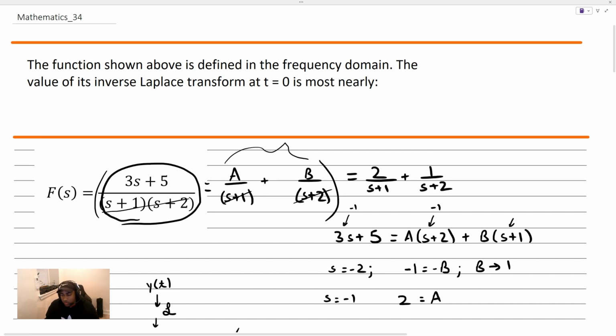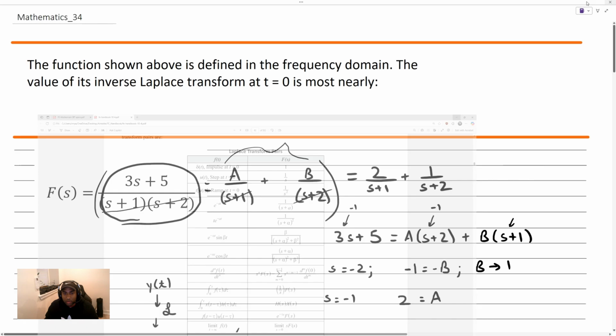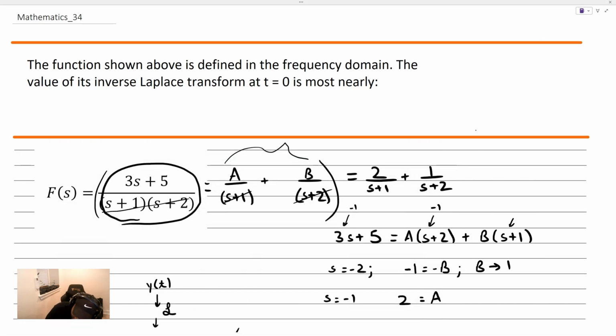Referring back to the Laplace transform tables, it is pretty clear that what we have is this. So all we need to do is take that A term, and we're essentially going to negate it and write it down as an exponential term to go from the frequency domain to time domain. So if we take the inverse Laplace transform of this function here, all we're going to do is write down the constant term, which is 2, e to the minus 1t plus 1 e to the minus 2t.